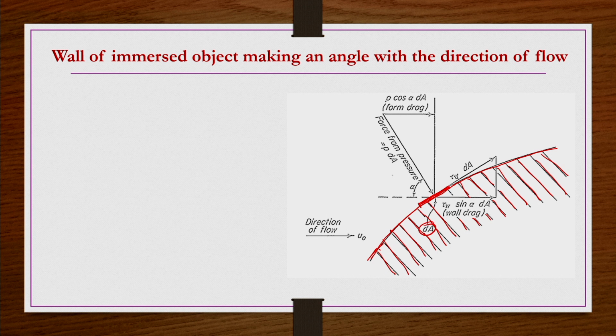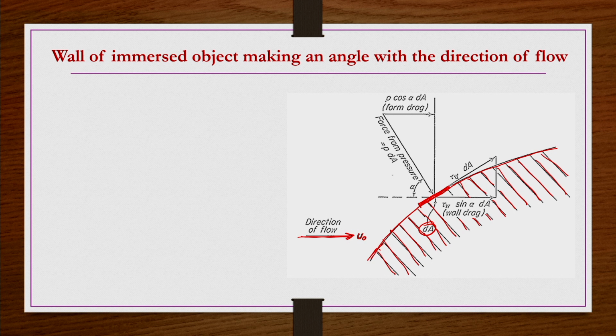Now this object is fixed. One Newtonian fluid is coming with velocity u naught, and the direction of flow is the horizontal direction. When the fluid interacts with this object, it exerts some kind of force.